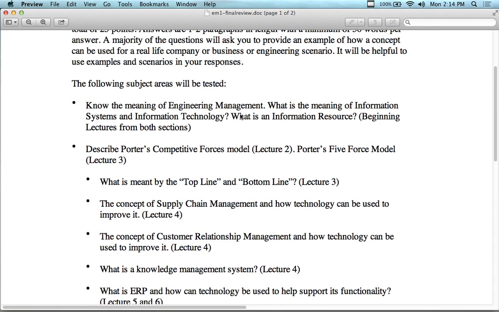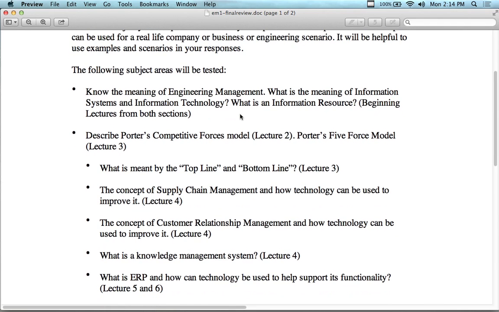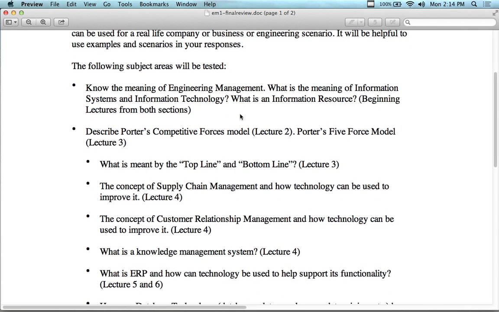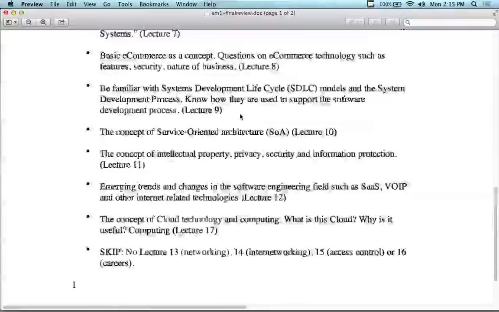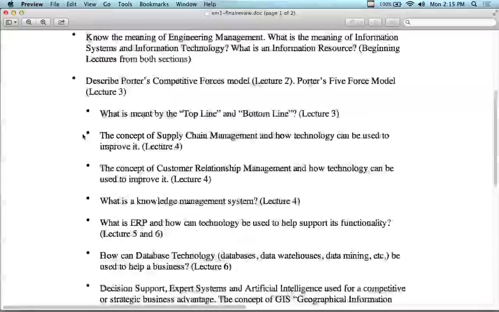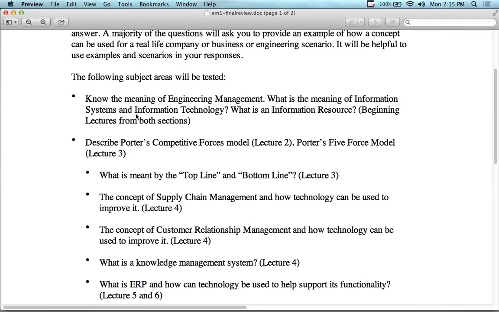Okay, good. So let's talk about the content of the exam, now that we got the format down, hopefully. What subject areas are you going to be tested on? Well, the no-brainer is really, and these are not really question numbers, I don't know why the indentation changed on me here, they're supposed to all be at the same bullet level. But the first one really gets out of the first couple of lectures out of each section.